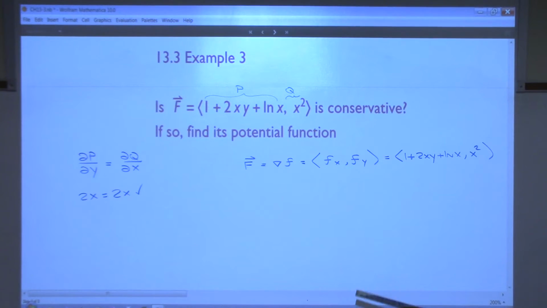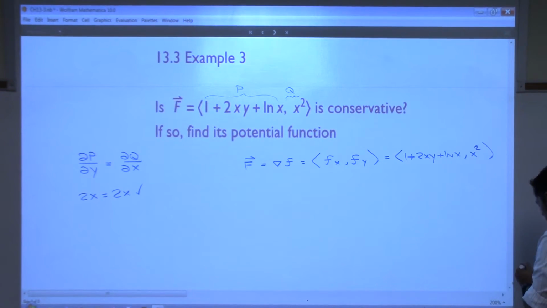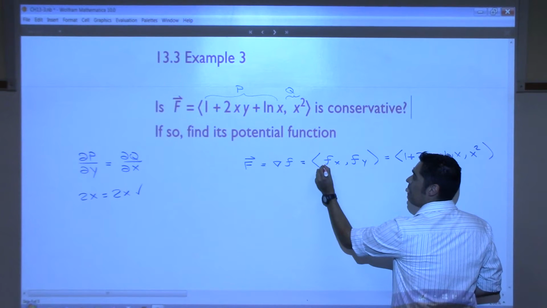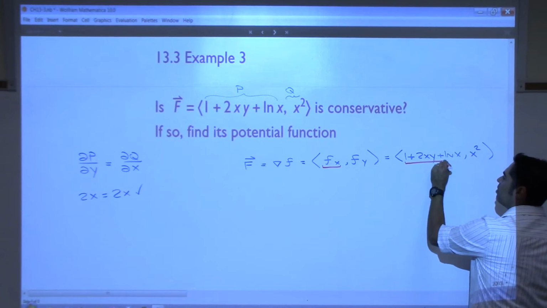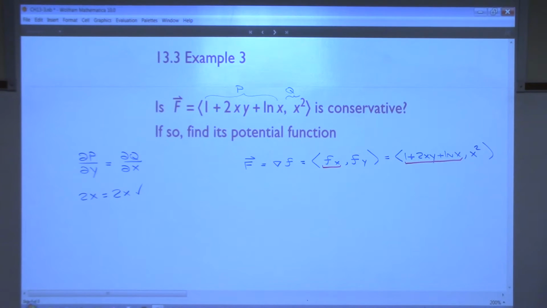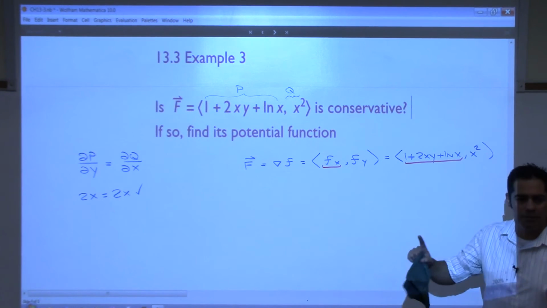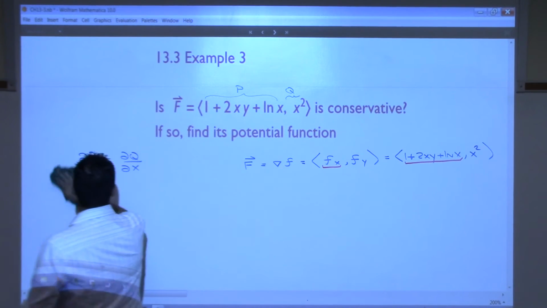I'm going to start by writing down the first solid piece of information that I have. And that is I know that whatever f is, its partial with respect to x is that. Everyone understand what we're looking for is little f? Okay.